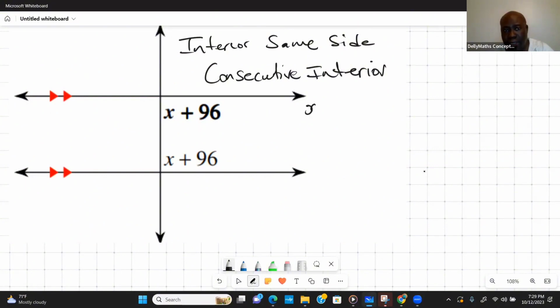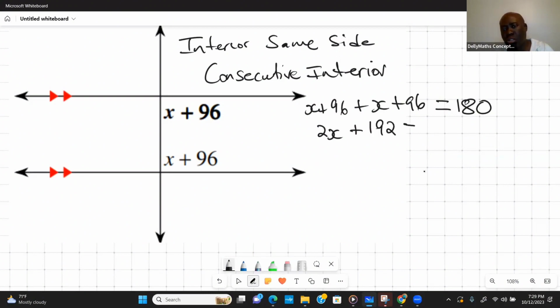So then it means that x plus 96 plus x plus 96 add together to give 180 degrees. From this, I could now simplify the idea. If I connect the like terms, 2x plus 192 is equal to 180.